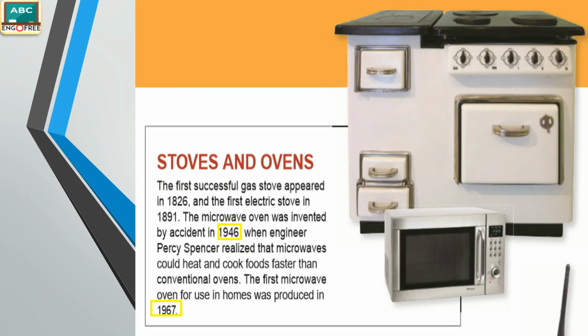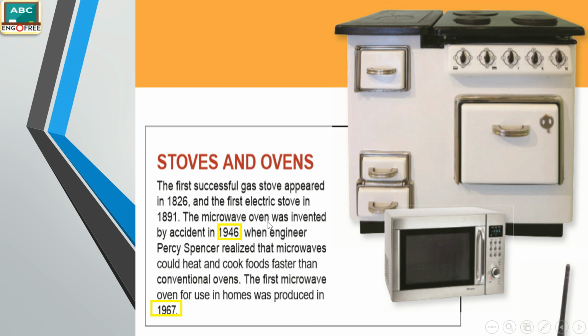Go to the second page. Look at this picture. What can you see here? Yeah, we can see an old stove and a microwave. Very nice. Who can read this part? Stoves and ovens. The first successful gas stove appeared in 1826 and the first electric stove in 1891.